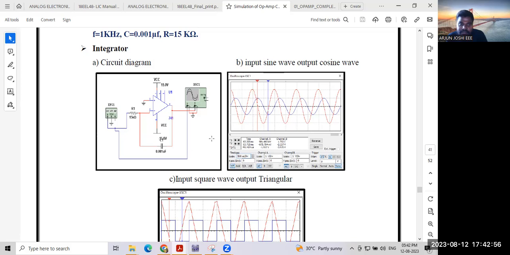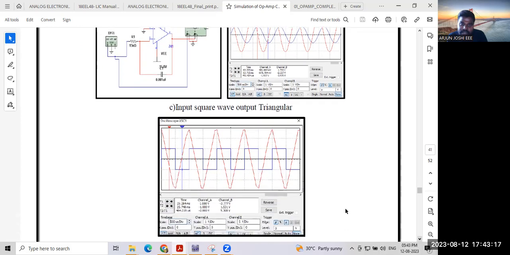The main agenda of this circuit is that whenever we give a sine wave, it should give a cosine waveform. The blue waveform is the input sine wave, and the red waveform is the cosine wave. Another one is whenever we give a square waveform as input, it should give a triangular waveform as output.